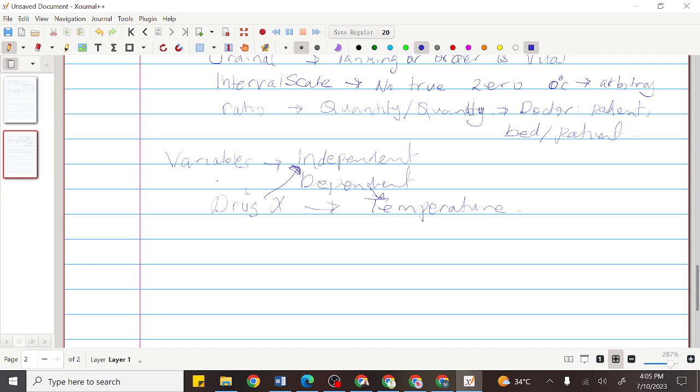Okay, so for example, if you're looking at people eating certain food, and then after some time you check their blood glucose, it is the food that will influence the blood glucose. So this means that the food is actually the independent variable, whereas the blood glucose will become the dependent variable.